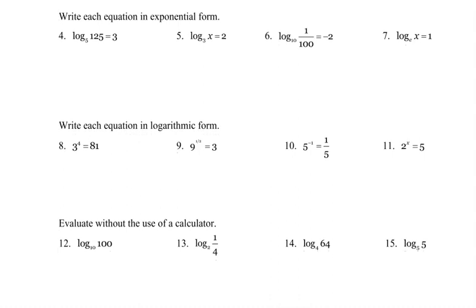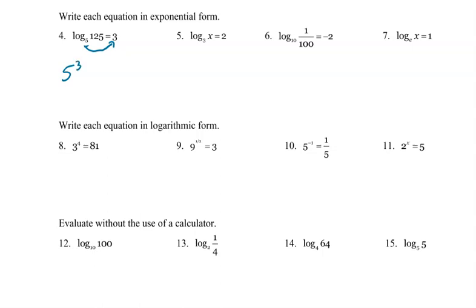All right, so for example 4, we have log base 5 of 125 equals 3. So we're going to start with the base, and that's going to be the base for our exponential equation. Then we go to the other side of the equals. Whatever's on the other side of the equals is going to be our exponent.